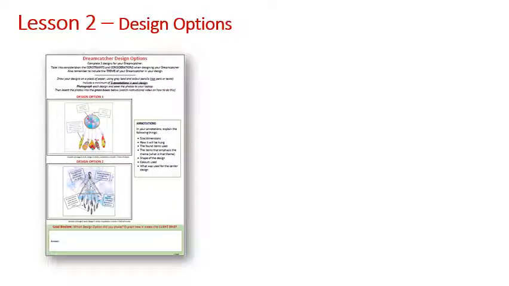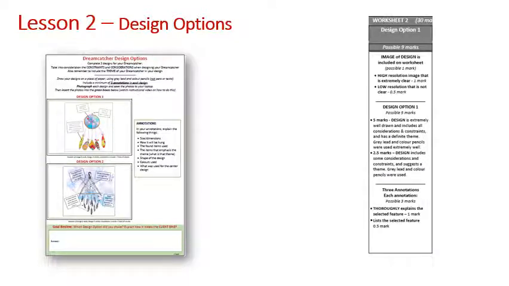Okay, so you've completed the worksheet. However, let's have a look at the rubric to see how you can achieve top marks. So here is the rubric for the first design. If you see up top, image of design is included on worksheet. And to get the high marks, it needs to be high resolution.